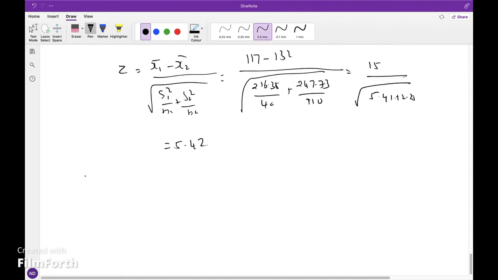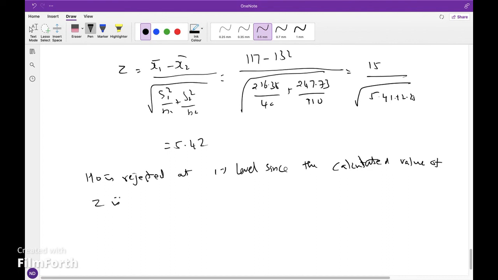Conclusion: H0 is rejected at even 1% level, since the calculated value of Z is greater than the table value.